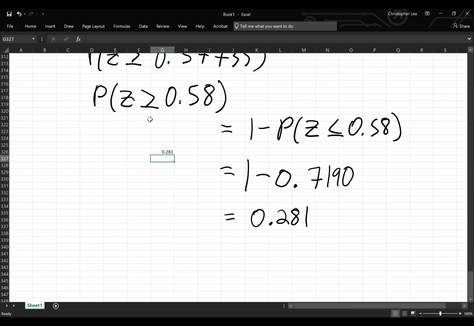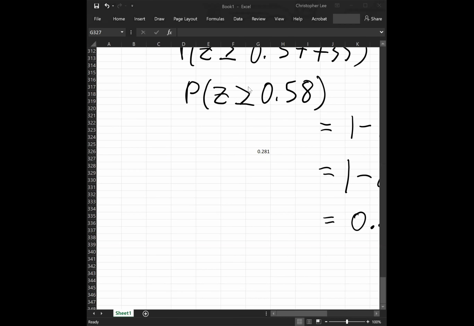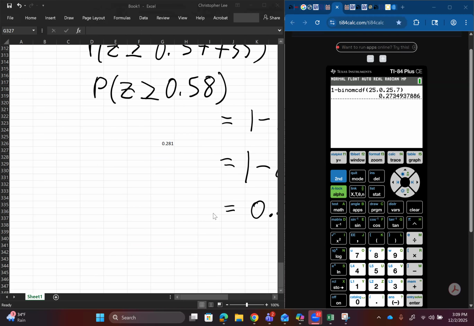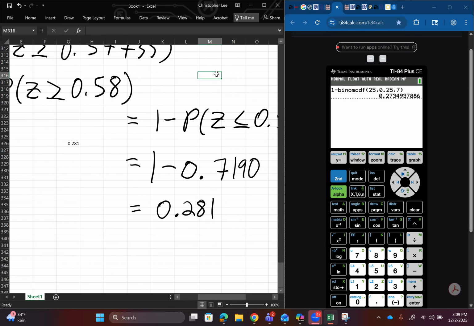All right, let's take a look back at what the calculator gave us. Just to recap. 0.28. This is our answer that we found, our approximated answer, and this is the actual.